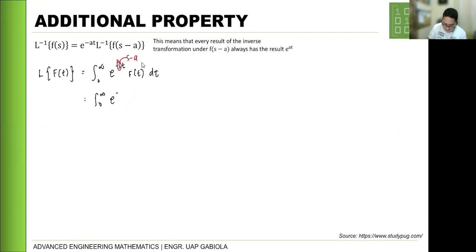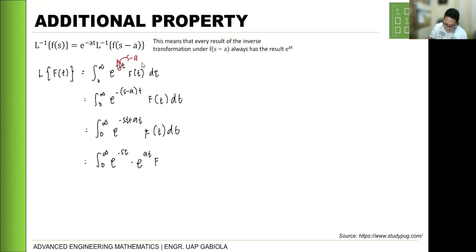Okay? So, what will happen dito? So, this will be e to the negative s minus a t, f of t dt. Okay? Then, we simplify. We have negative s plus a, para sa may t, distributed. f of t dt. And then we have integral from 0 to infinity of e negative st times e at f of t dt. Okay?